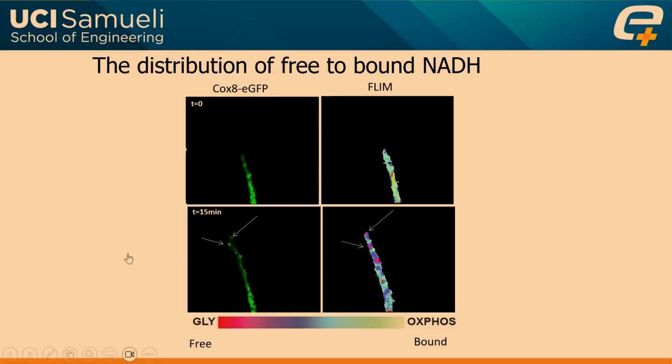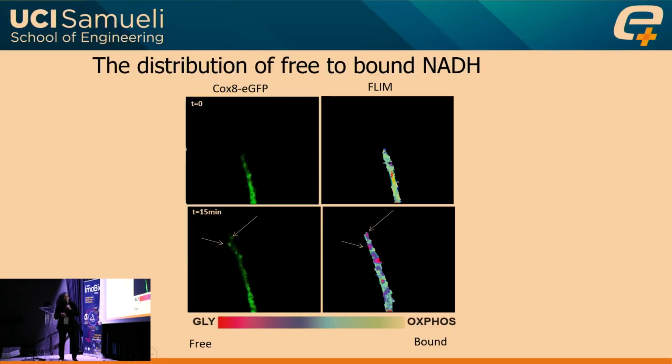We also use FLIM to measure the free and bound ratio of NADH in this protrusion, and from 0 minutes to 15 minutes, we do see that there's a free NADH production in these regions of the protrusions.